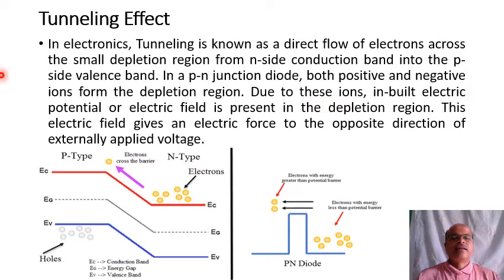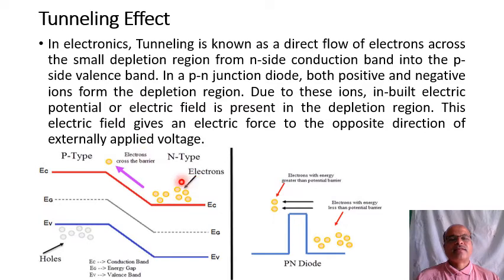The next is the tunneling effect. The tunnel diode operates using this tunneling effect. In electronics, tunneling is the direct flow of electrons across the small depletion region from the n-side conduction band into the p-side valence band.